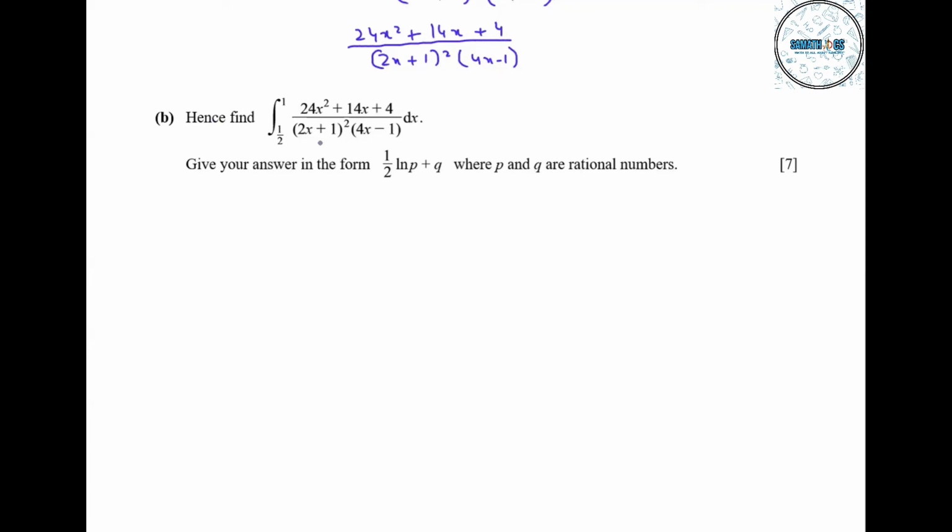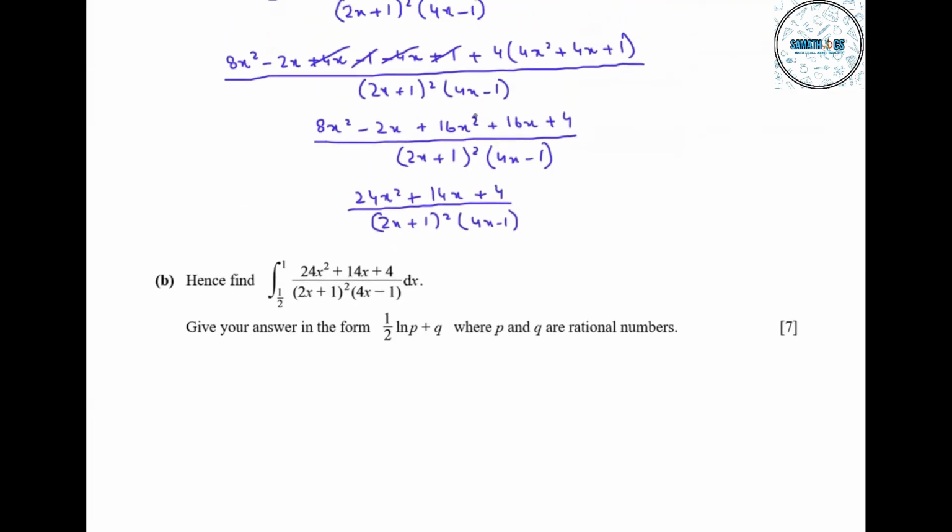Hence find, it means that we have to use the previous part to solve this. 24x squared plus 14x plus 4 upon (2x plus 1) whole square into (4x minus 1), we got in the previous part by simplifying these fractions.